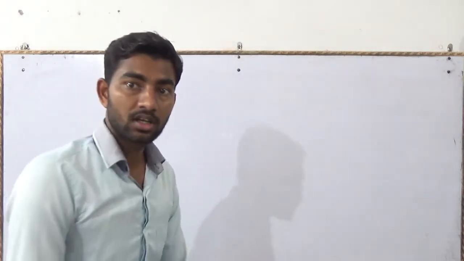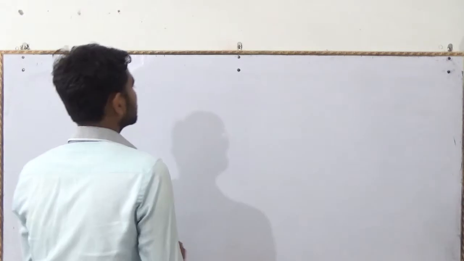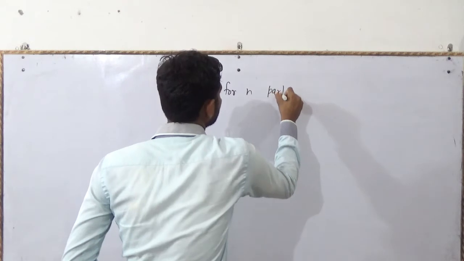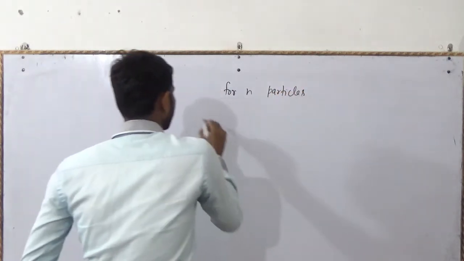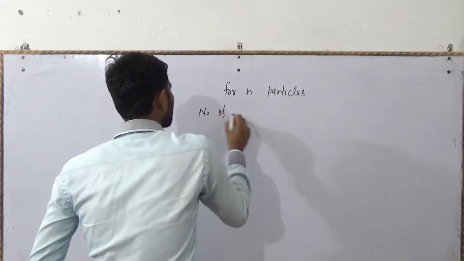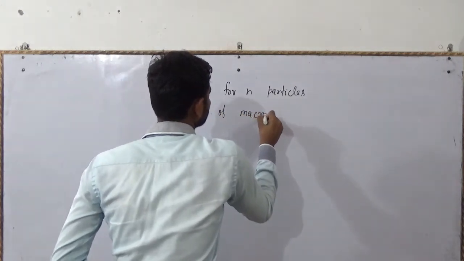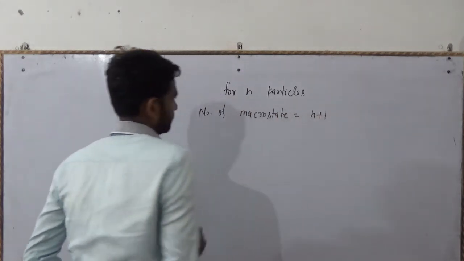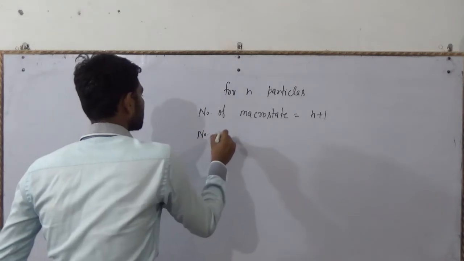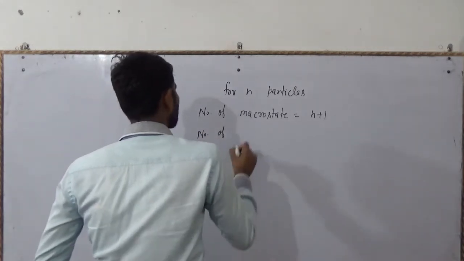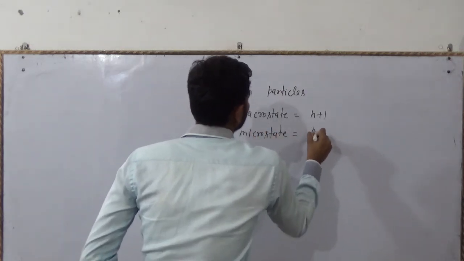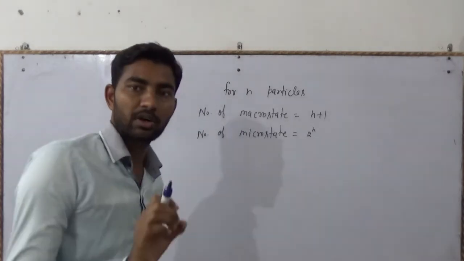We proved this formula, and if we revise it, for n particles we can find the number of microstates by the formula n plus 1, and in a similar way we can find the number of microstates, then it will be 2 to the power n.